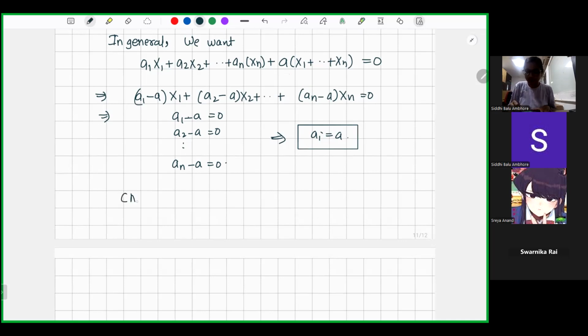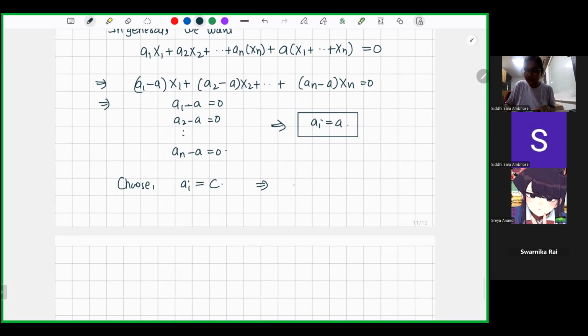So if I choose ai to be some C, this will imply a to be C. For example, if I choose a1 to be C, some non-zero, then a has to be C, right? This is the condition which I have. Then all those a2 to an, they all will become C.